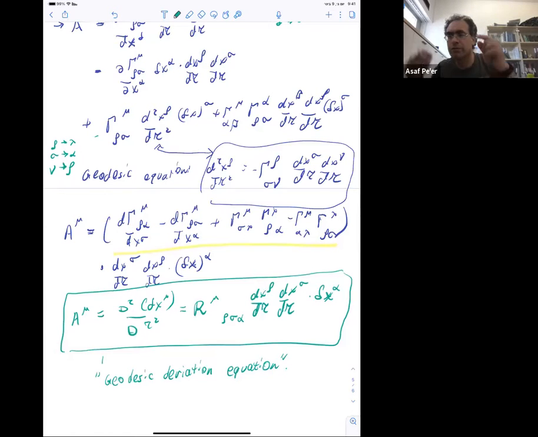When you have two freely falling particles which are nearby, there will be some relative motion, which ends up with some acceleration. And that relative motion depends on the difference between them, the delta x, but also on the curvature tensor.